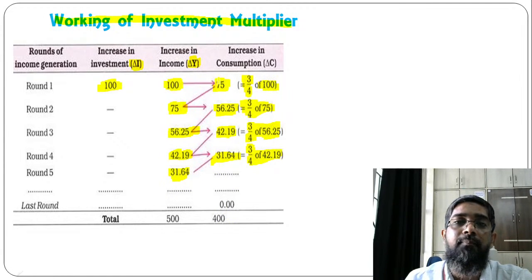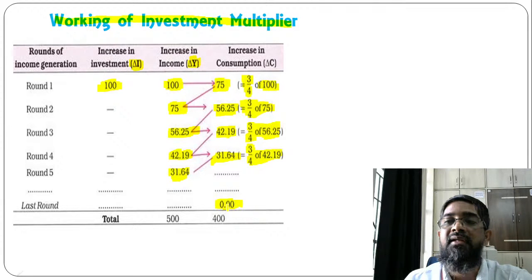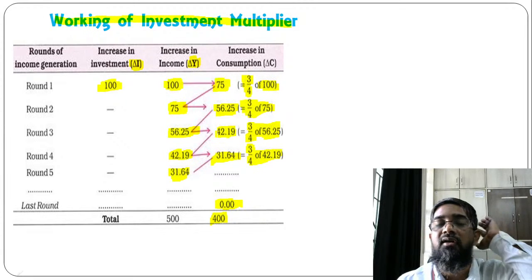If you add up all, and this process will continue till the money is exhausted to 0, till the money reaches to 0. So you can see here it is 400. So increased consumption 400.